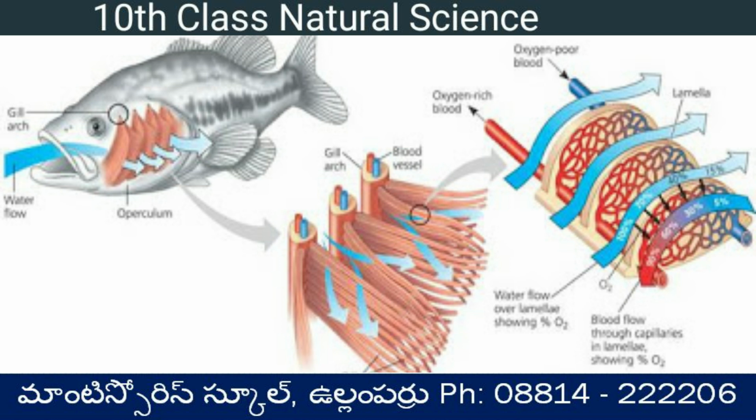At that time, water enters into the mouth and is pushed into the oral cavity. Next it goes into the pharynx, and next into the gill pouch. The fish contains an inside gill pouch and an outside gill pouch.